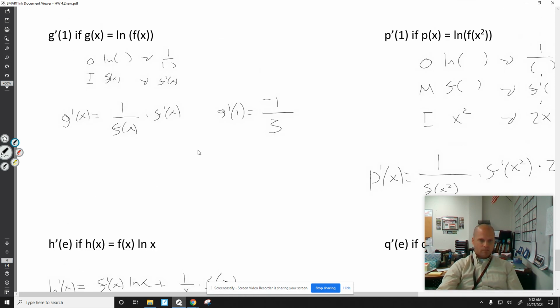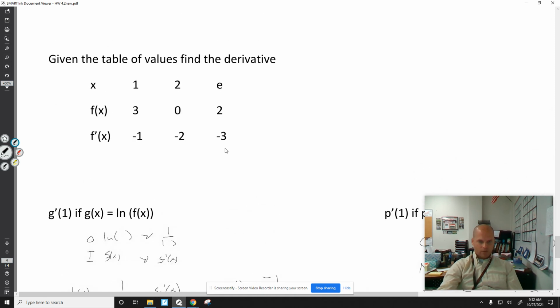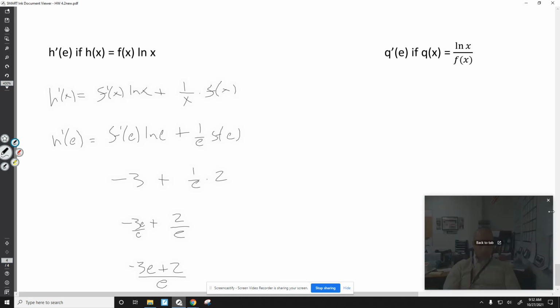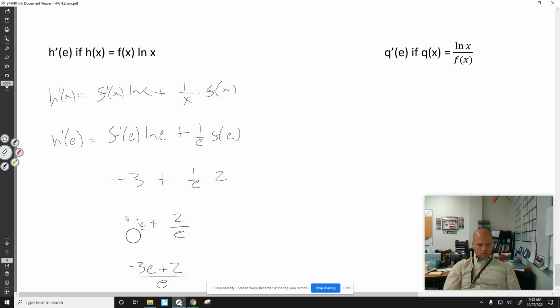F of e is 2. I don't know, I'll probably just leave it like this. You could make this a 3e over e to make this negative 3e plus 2 over e. You can't simplify those e's. But either this or this is fine.